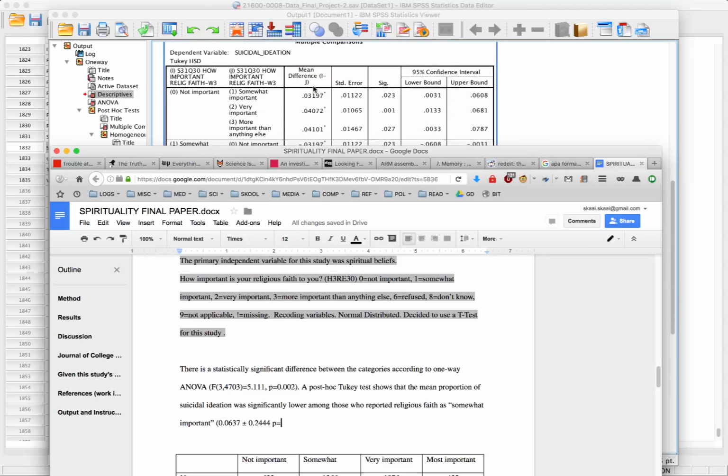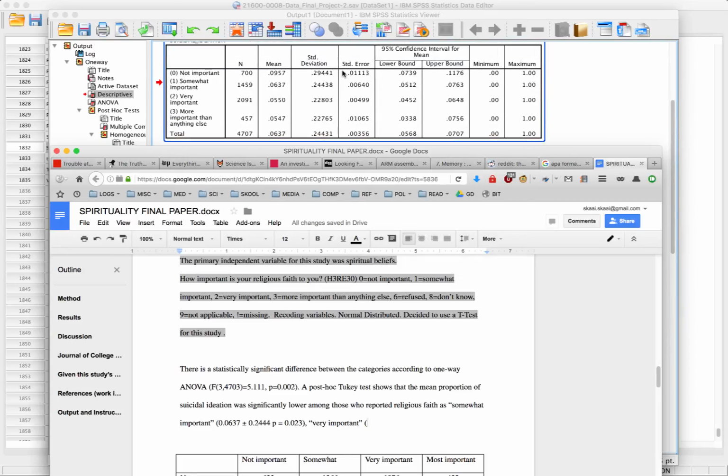So we say p equals 0.023. Very important. Oops, I need to put quotes here. Okay, very important. Let me go back up here again.